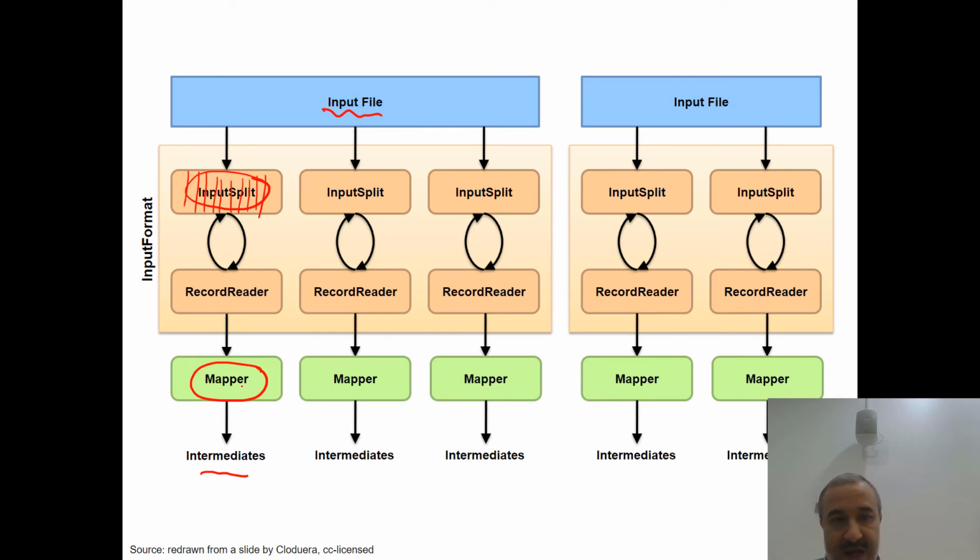But one file can have, let's say, 10 blocks, and each block can be on a different machine. Remember, this is on a distributed file system, so one file actually sits on the entire cluster. It's not on one machine only. Is that clear?